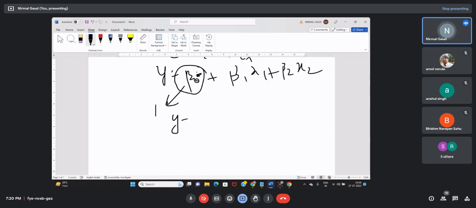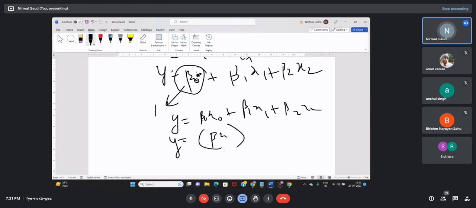If I write it as beta naught x naught plus beta 1 x1 plus beta 2 x2, then only it will be y equal to beta x; else how are you going to get beta x? So I need to multiply with the bias here. In linear regression, we took the bias term as 1.